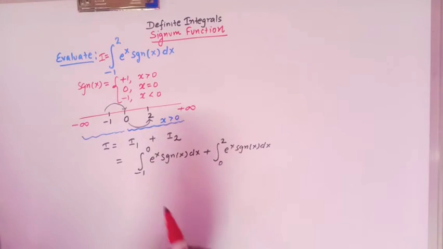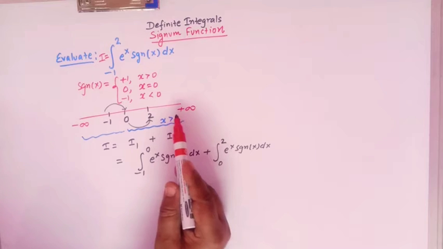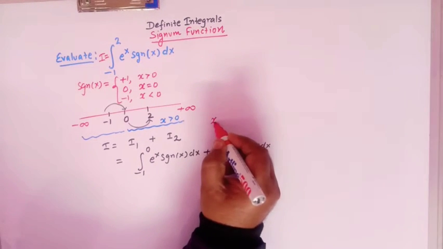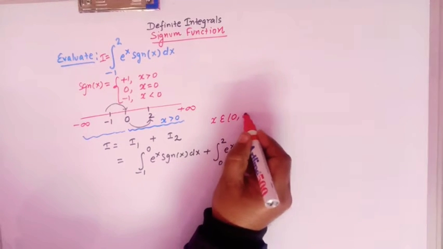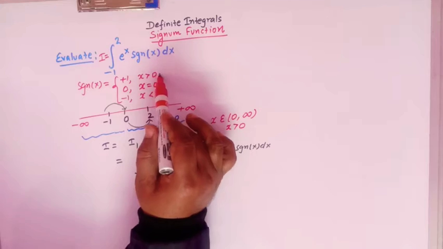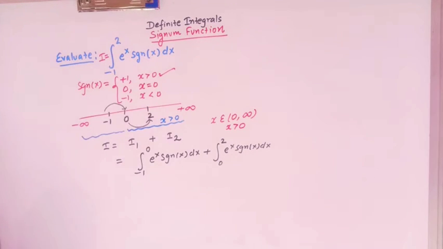Now if we closely look at this real number line, then we see that when x belongs to 0 to infinity, then x is greater than 0, so signum of x is +1 whenever x is greater than 0.